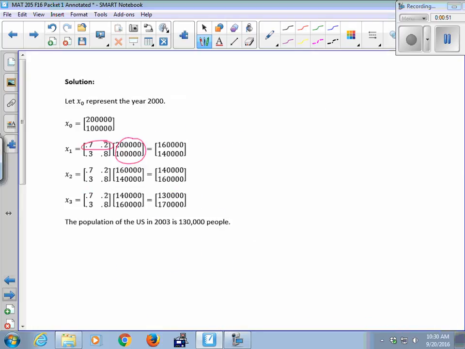But 200,000 is the US population, right? So I have it set up a little bit wrong. So probably the easiest thing to do is to change the migration matrix. So 0.7 and 0.2 need to be switched so that you're multiplying by the right numbers, and the 0.8 and the 0.3.